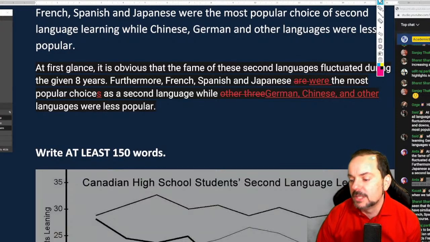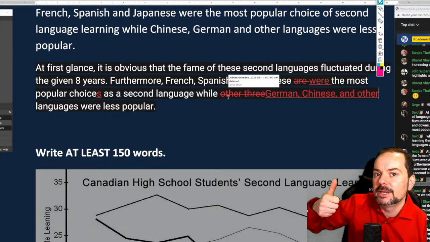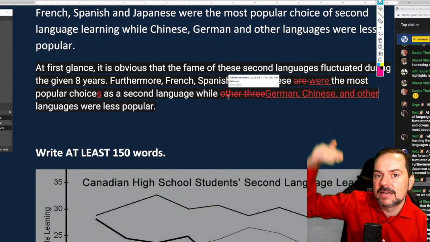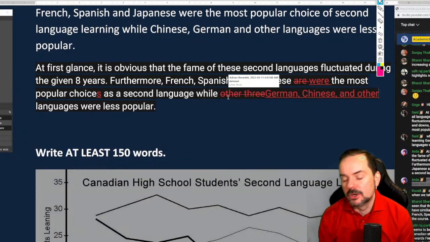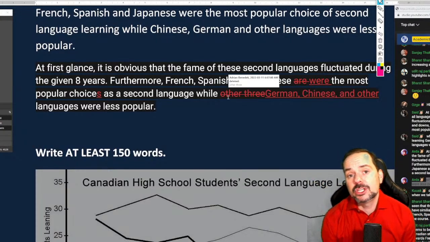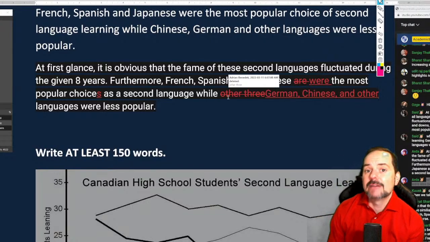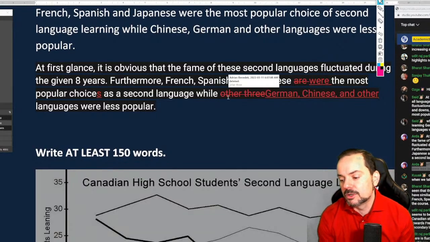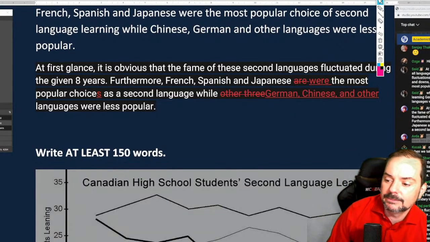So you have to be really careful with your data. So wordiness is one of the big mistakes made at the band 7 to 9 level, and the other one is information mistakes. So if you avoid information mistakes, if you avoid wordiness, that's how you move from a band 7 to a band 9. Of course, paying attention to grammar and vocabulary.